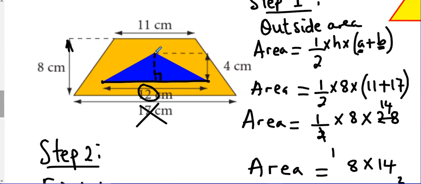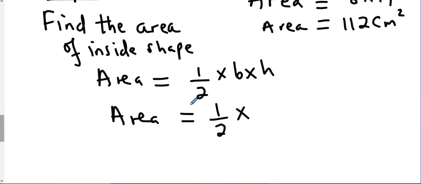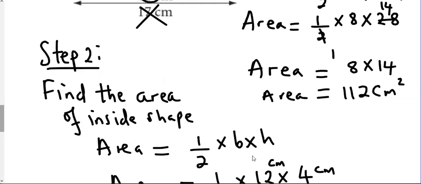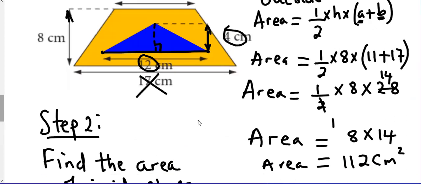The height of this shape, the inside part, is this number here, which is 4 centimeters. So go ahead writing half times the base is 12 and the height is 4. All these are centimeters. Okay, let me check again. The base is 12 and the height is 4. Okay, so I got it correct.